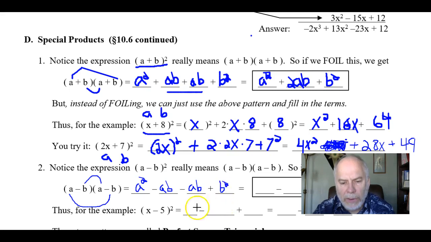All right, so the final pattern is a squared minus 2ab and then plus b squared.